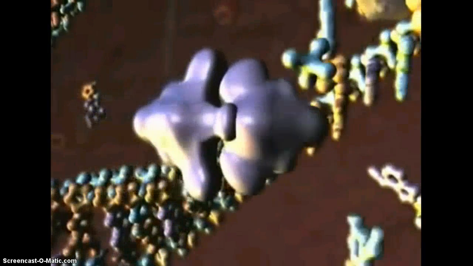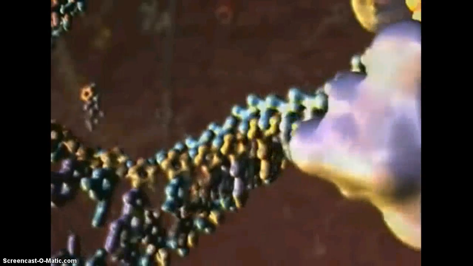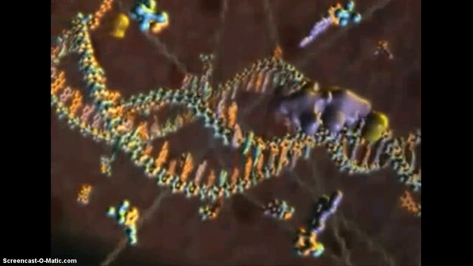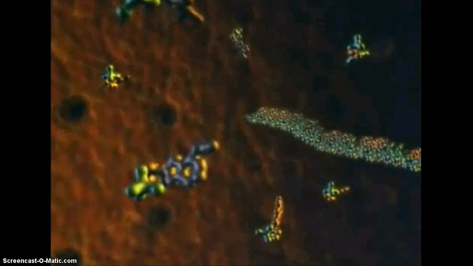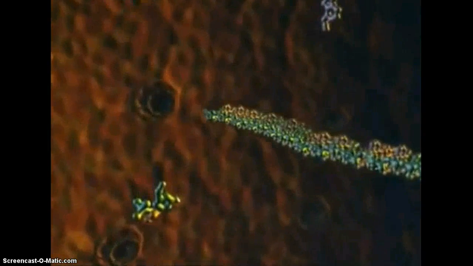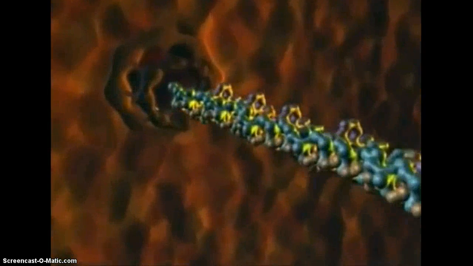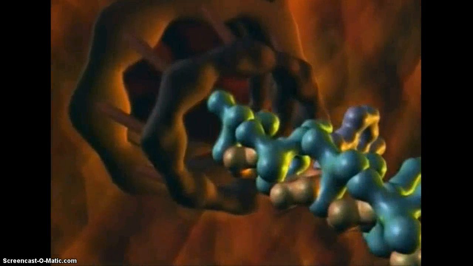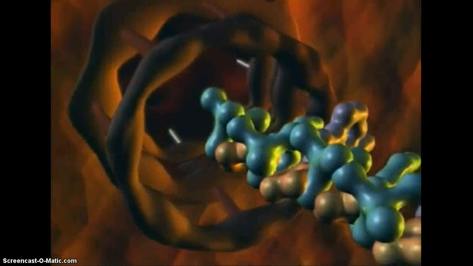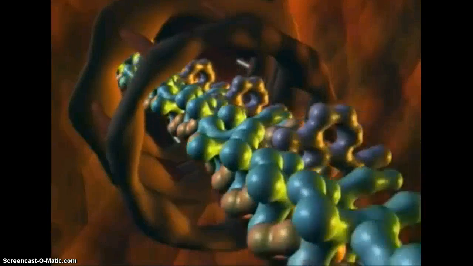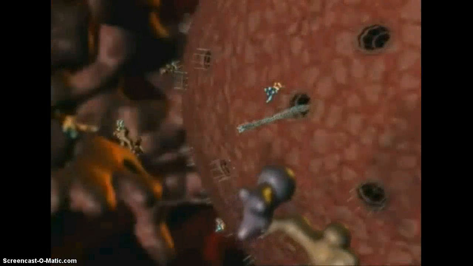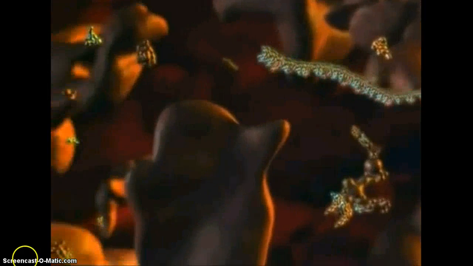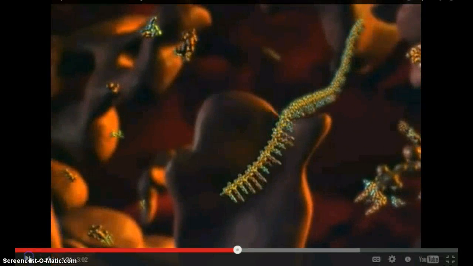Another machine then copies these instructions to form a molecule known as messenger RNA. Once transcription is complete, the slender RNA strand carries the genetic information through the nuclear pore complex, the gatekeeper for traffic in and out of the cell nucleus. The messenger RNA strand is directed to a two-part molecular machine.